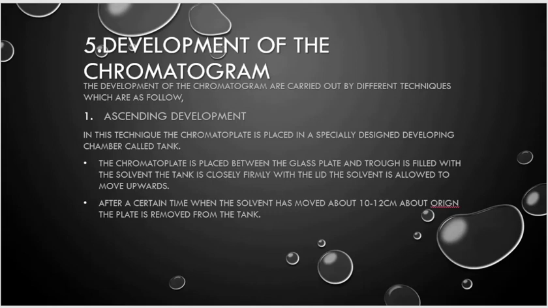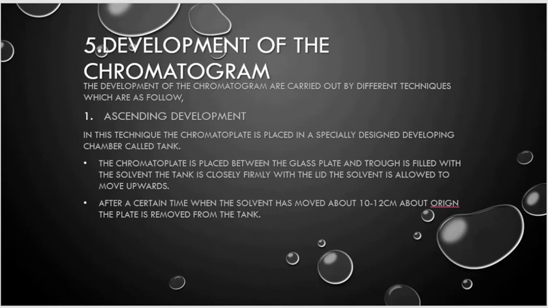In the ascending development, we have to place our chromatoplate in a chromatographic tank, and the plate is placed between glass plates, and the tank is filled with the solvent. The tank is closed firmly with the lid, and the solvent is allowed to move upward.